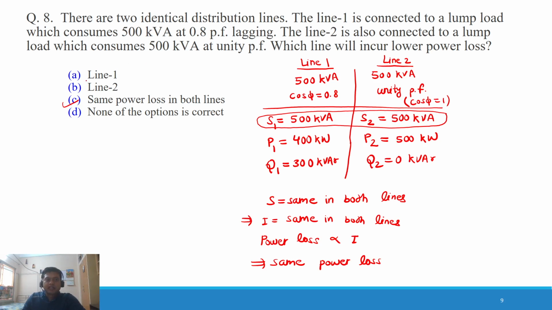So in that case, line 1 will have more power loss, and line 2 will have lower power loss because S increases in that case. That is not in the question, but just for self thinking, you can think about it: if in place of 500 kVA of apparent power, it is given as 500 kilowatt, then what will be the correct option? So now let us see the next question.